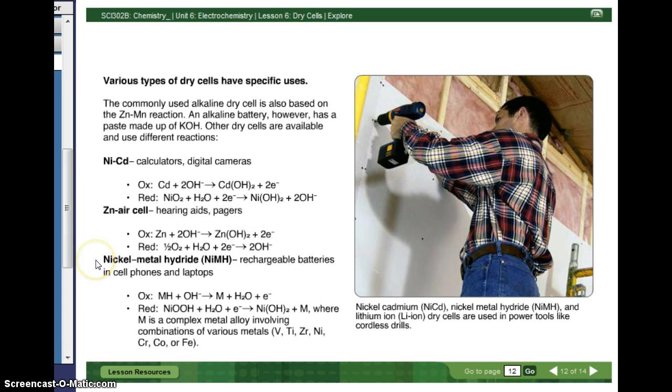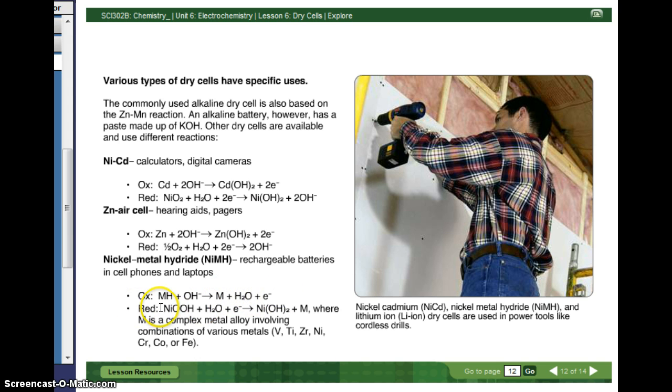You have a nickel metal hydride, or an NiMH, rechargeable batteries in cell phones and laptops. So the oxidation is the metal hydride. Okay, so that's what that MH stands for, metal hydride. Plus hydroxide yields the metal plus water plus an electron.